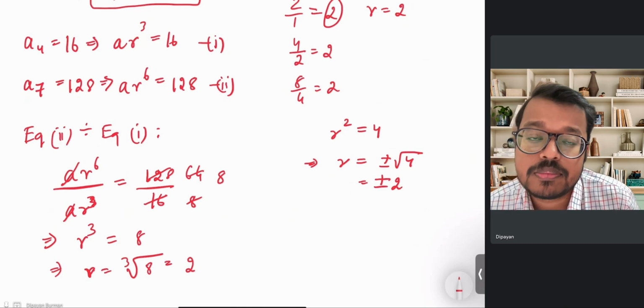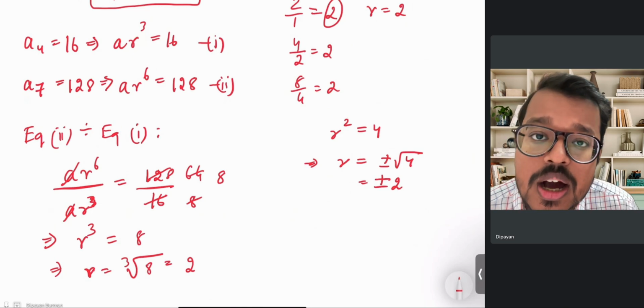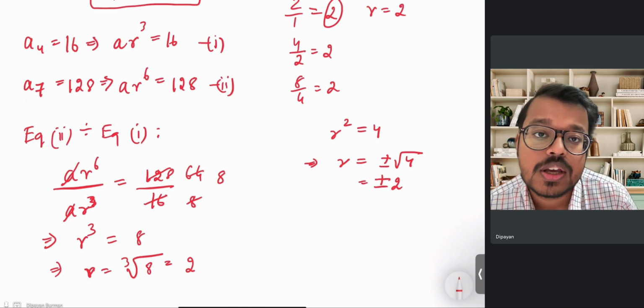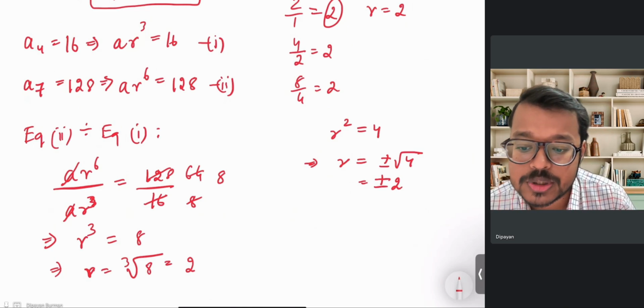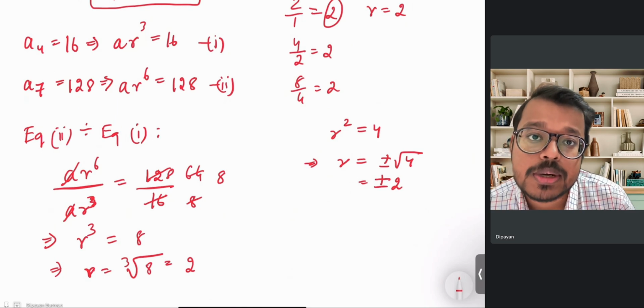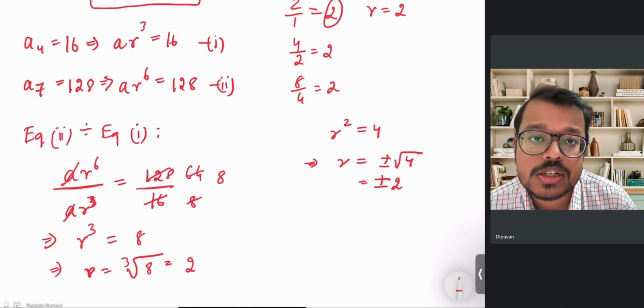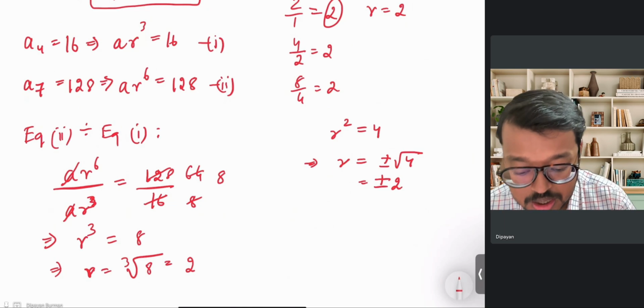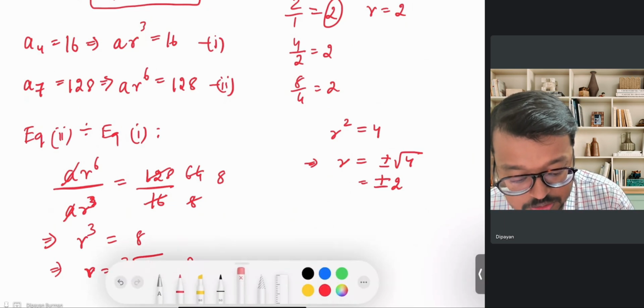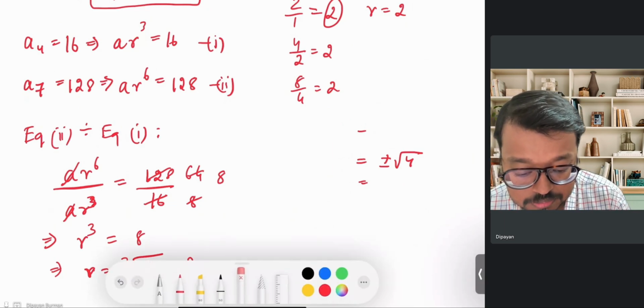But for odd exponents like R cube or R to the power 5, we will only have one possible option, because 2 cube is 8, but minus 2 cube will be minus 8. So if we have even exponents, you have to be careful to consider both the positive and the negative. Okay, but anyway, this is not the case in this question.